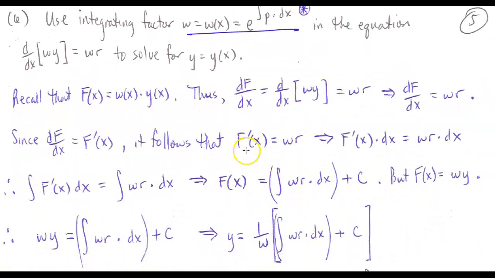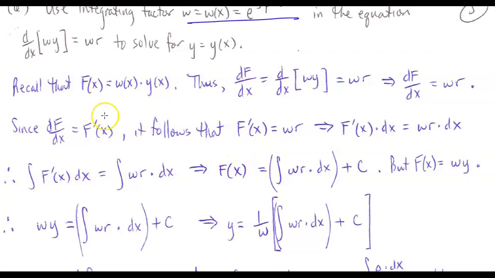Now, if we recall here that big F of x was the product of our integrating factor and the solution function. Okay. And then, of course, we also know that the derivative of big F of x was going to be the derivative of the product of those two functions, which is equal to WR.